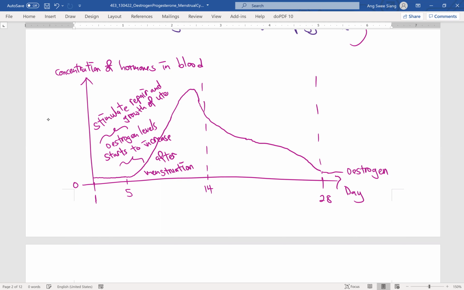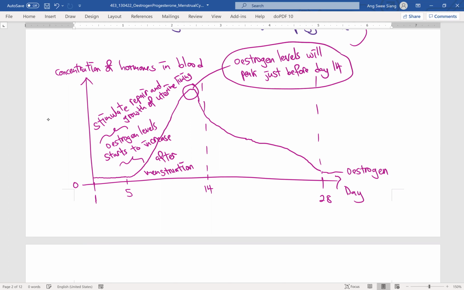Then the estrogen level will peak just before day 14. Why? Because another function of estrogen is to stimulate ovulation.